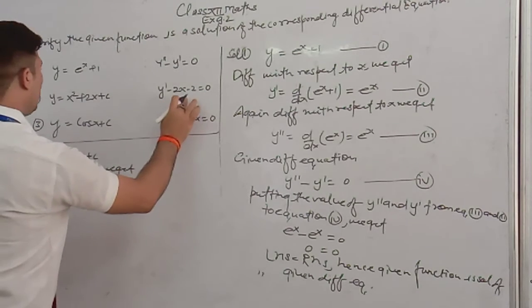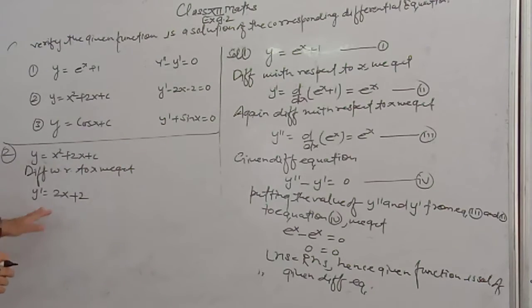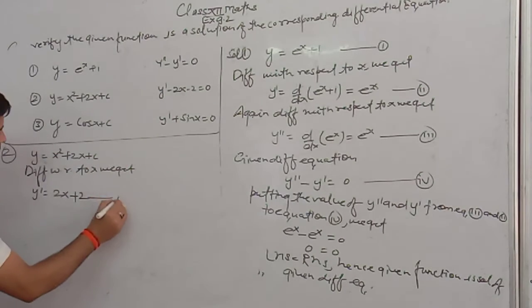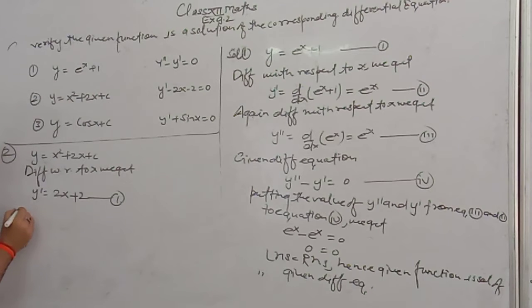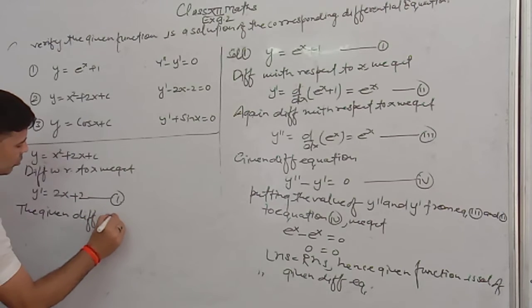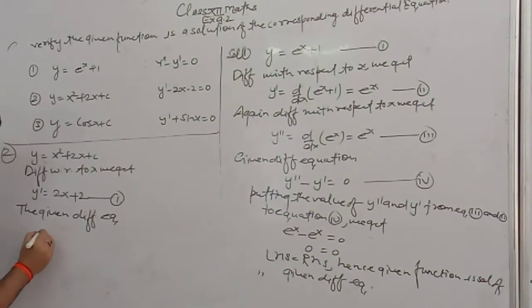Now we only need to find y dash. After that we put the value of y dash in the given differential equation, which is y dash minus 2x minus 2 is equal to 0.